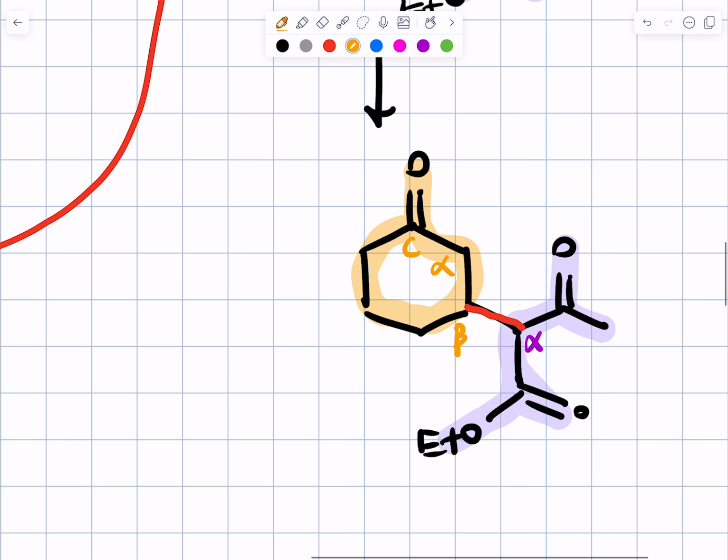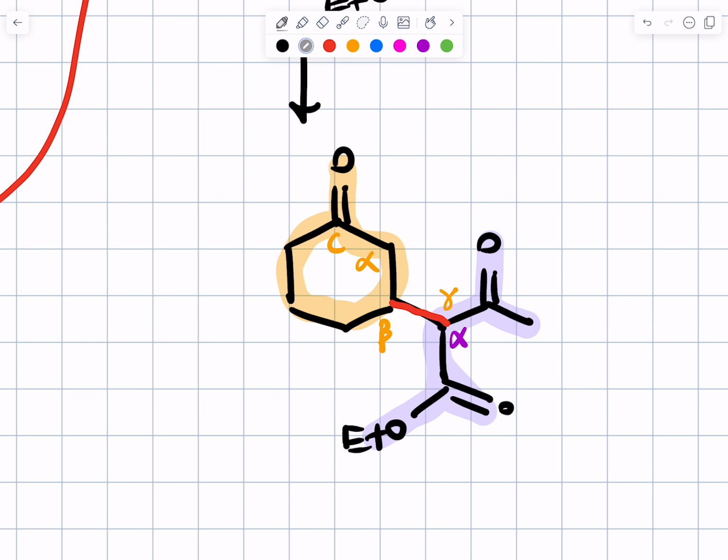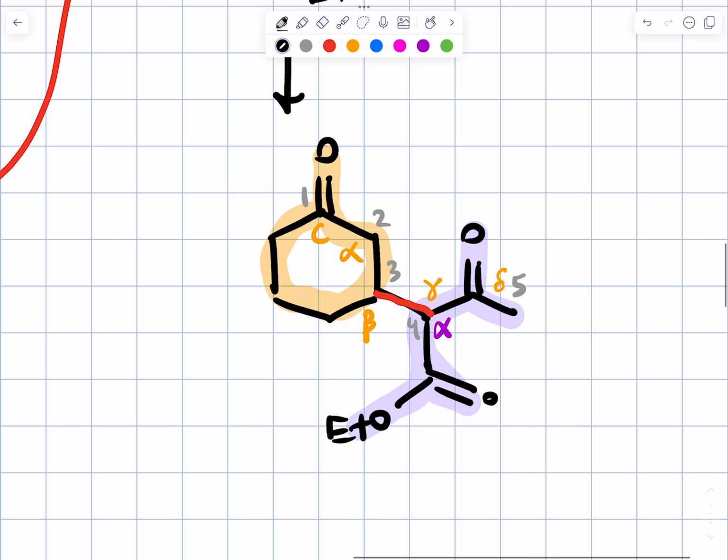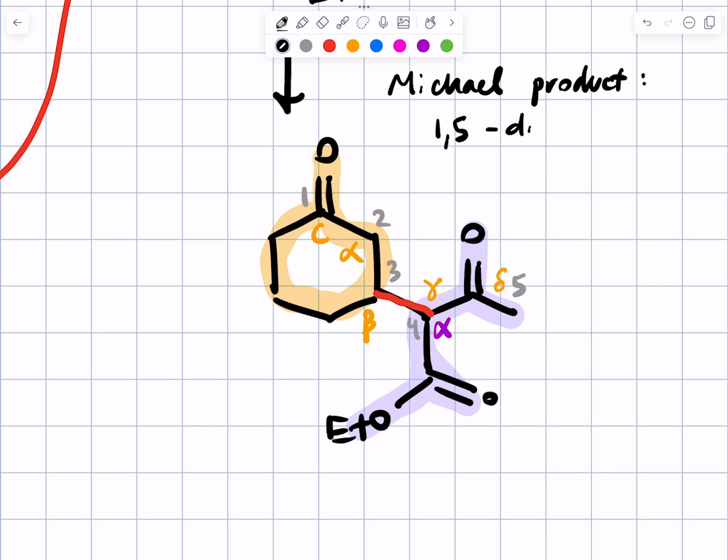Notice that that purple alpha carbon is gamma to the orange carbonyl. Notice that the 2 carbonyls are delta to each other, or are 1, 2, 3, 4, 5 atoms away. In fact, one of the key ways that you can recognize a Michael product is, it is a 1,5 dicarbonyl compound.